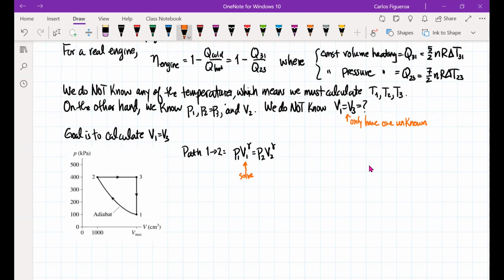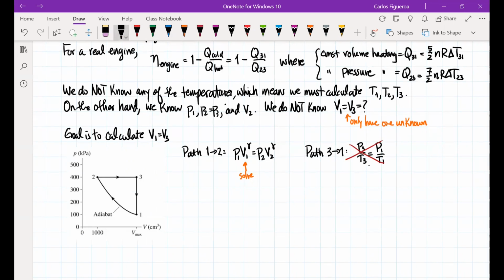The other way is to look at the path between 3 and 1, but that's isochoric, and isochoric tells you that it's the pressure at 3 times the temperature at 3 relation with the pressure at 1 and the temperature at 1. So this doesn't include the volume, which means we can't go along that path.